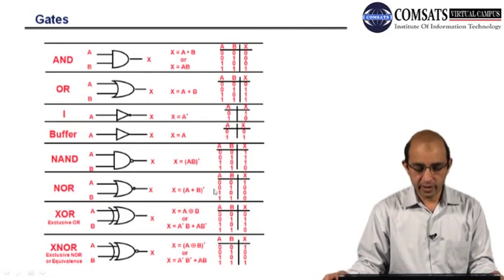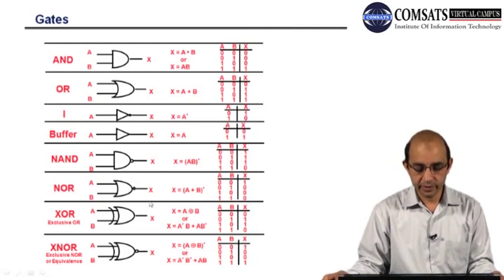And if you look at the NOR, right, whenever we have a 0 0, we will get a 1, and any one of the inputs being 1 will cause a low output, right? So here if we have 1 at B, you can see 0, and we have 1 at A, we have a low output.